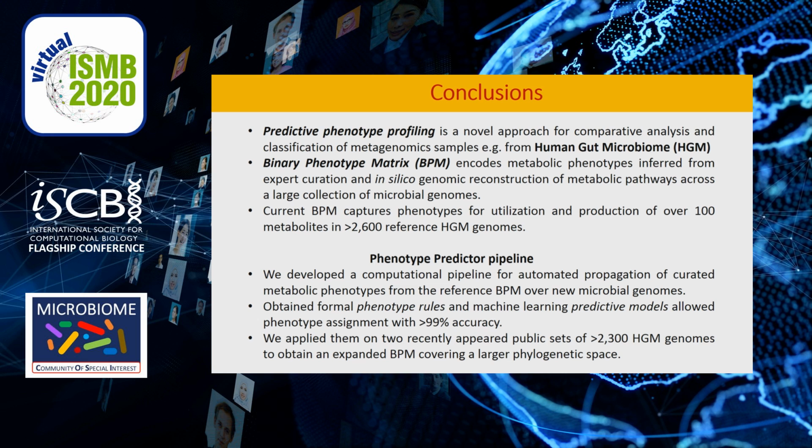We developed a computational pipeline for automated propagation of curated metabolic phenotypes from the reference BPM over new microbial genomes. The obtained formal phenotype rules and machine learning predictive models allow phenotype assignment with over 99% accuracy. We applied them to 2 recently published public sets of human gut microbiome genomes, totaling 2300 novel genomes, to obtain an expanded BPM covering a larger phylogenetic space.